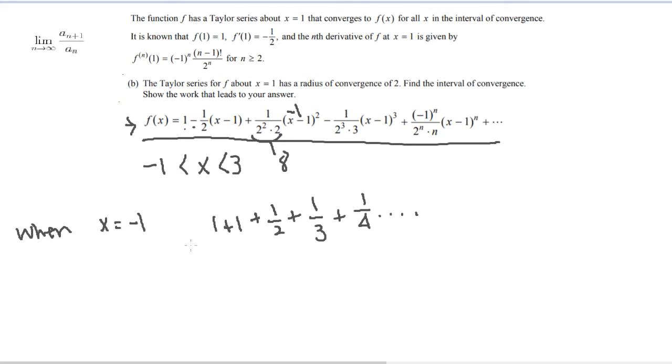So as you can see, it's 1 plus 1 plus 1/2 plus 1/3 plus 1/4. This is the harmonic series. As we learned about harmonic series, it always diverges, right? Diverges. So x equals negative 1 will not be included, so we just leave it here.